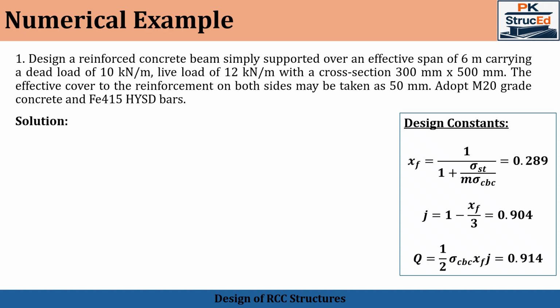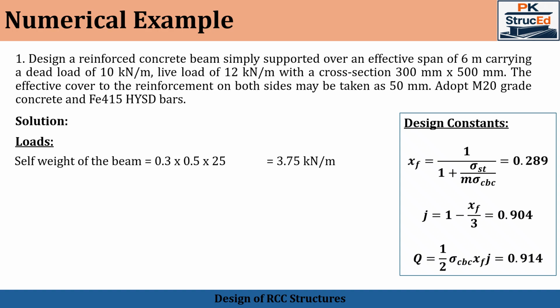Now let us calculate the total service load. We start with the self weight, which will be calculated as 0.3 by 0.5 by 25, where 25 is the unit weight of concrete. We get the self weight as 3.75 kN per meter.